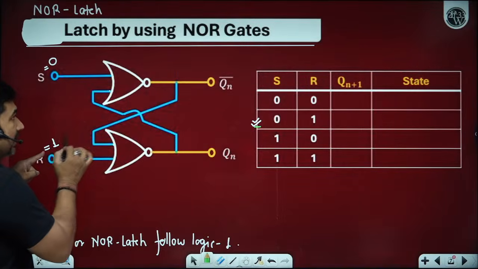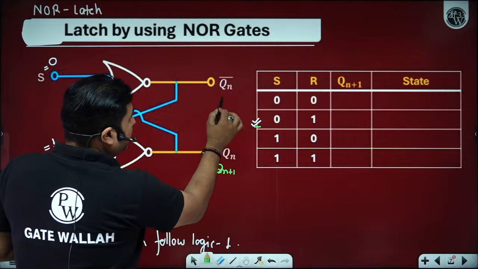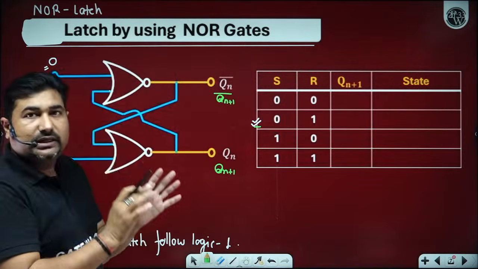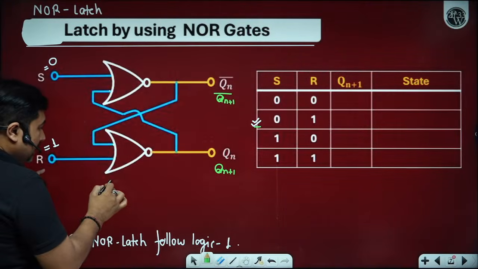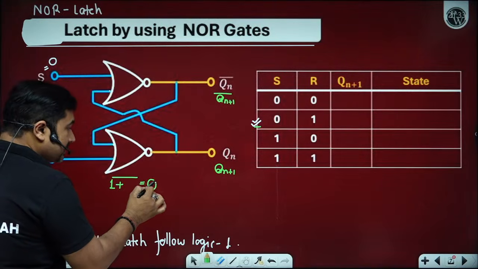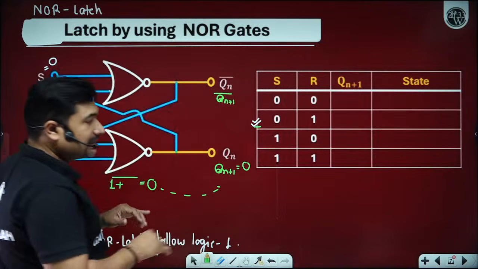If this is 1, irrespective of the previous state Qn bar, we all know 1 plus anything is 1 and its complement is 0. So it means Qn plus 1 is going to stabilize as 0 only.